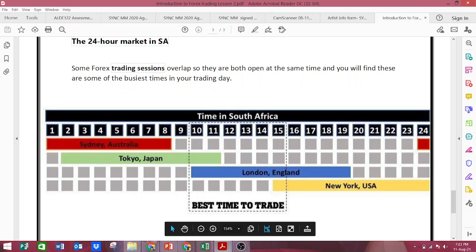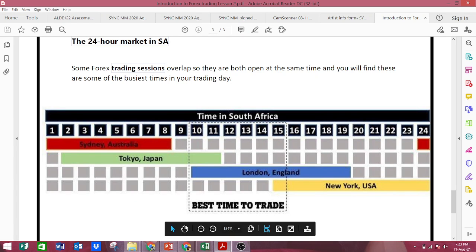It states that this is the best time to trade because London is the busiest session, because of the New York stock exchange. You can see the Japan session overlaps with the London session from 10 to 11, because London opens at 10 and Japan closes at 11.